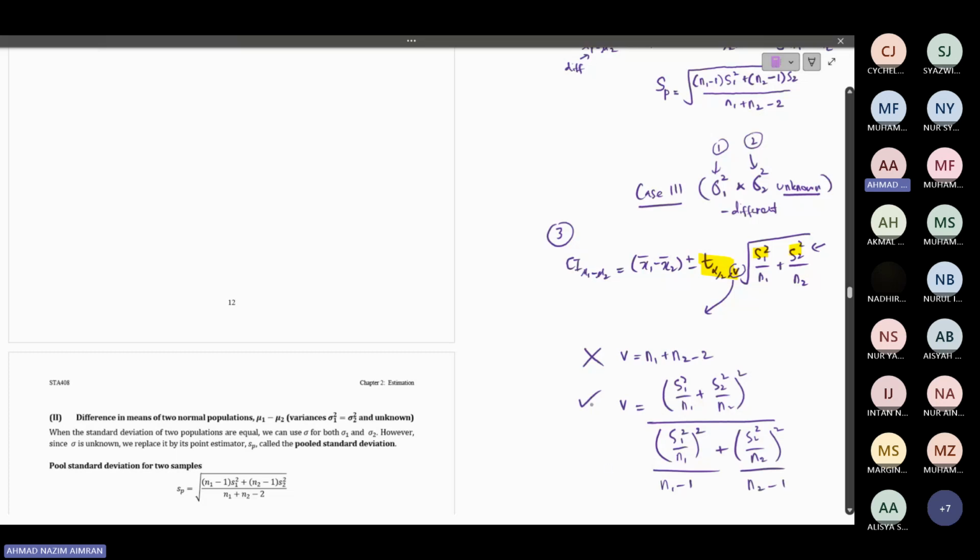This is the formula you need to use to find the degree of freedom for case number 3. Do not use the other one.